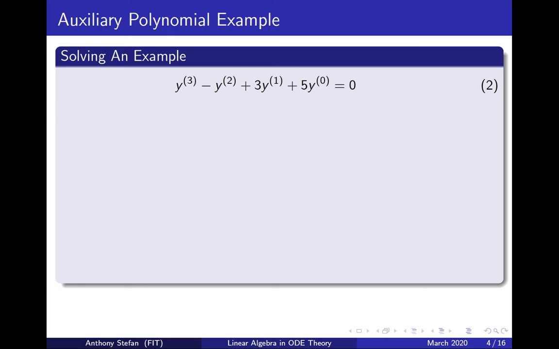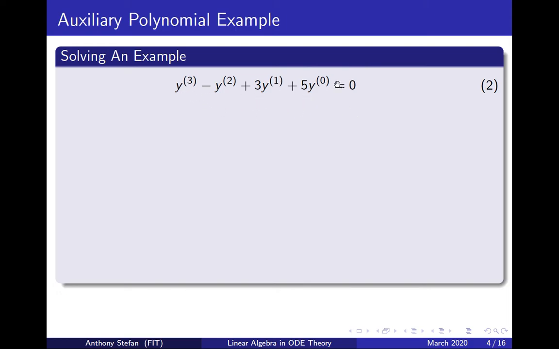Let's look at a specific example, an auxiliary polynomial example. And this will also explicitly show why our beta n must be complex numbers. So let's look at this ODE here. We do see that it is of the form of a homogeneous ODE with constant coefficients.